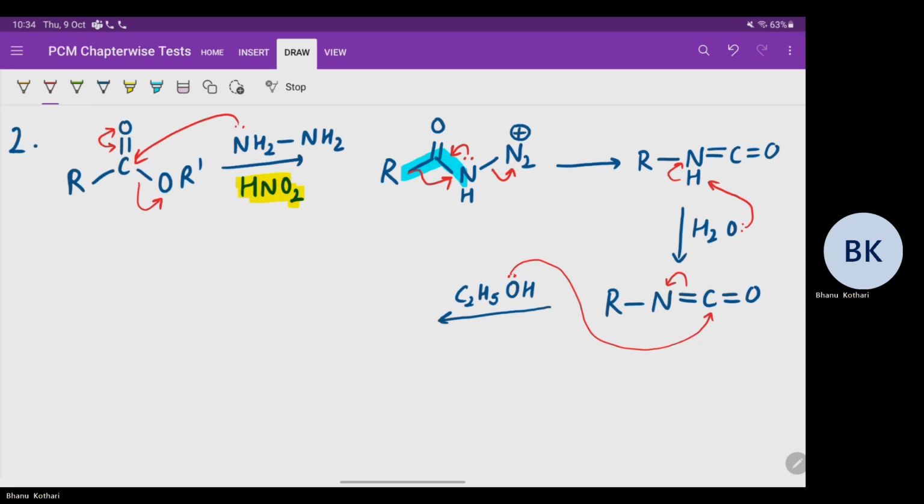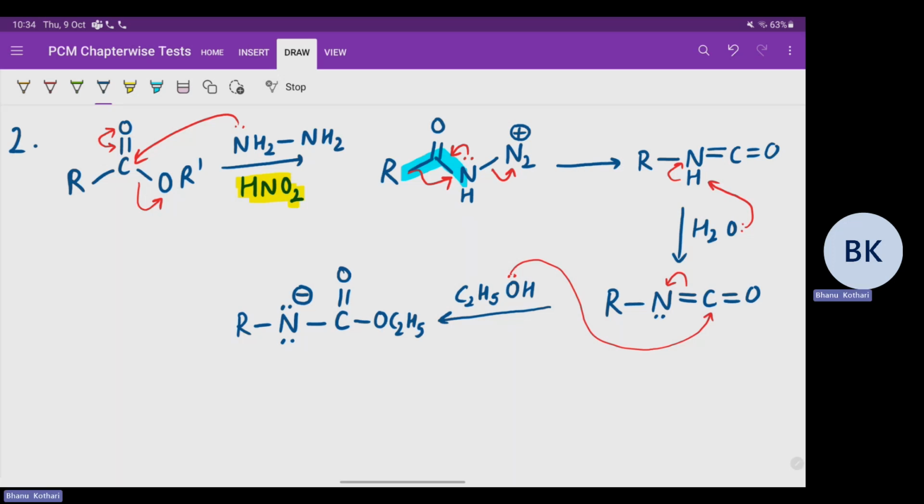Okay, and again we get RN. Here one lone pair was already there. This lone pair had come on nitrogen in the previous step, and one more lone pair will come, so that nitrogen will have a negative charge. C double bond O, C2H5. Okay. Now what will happen?